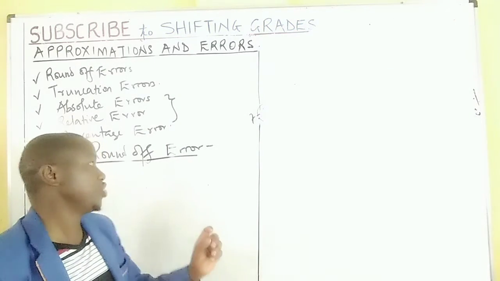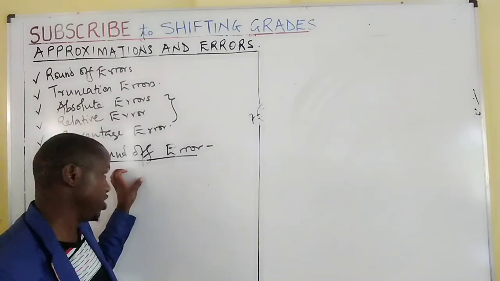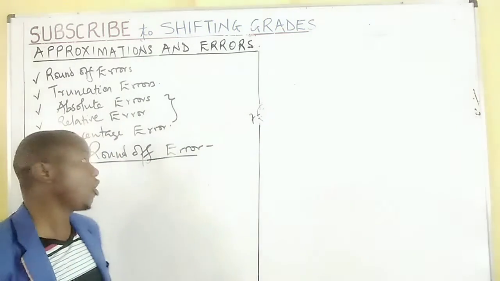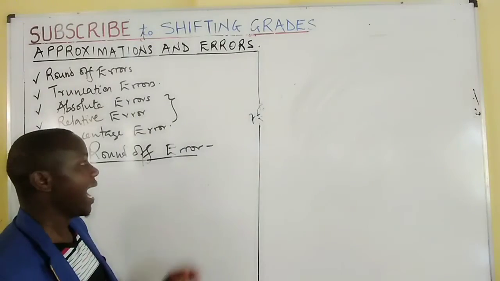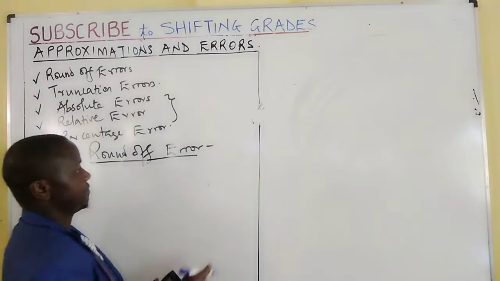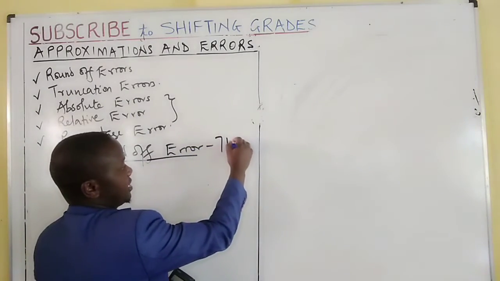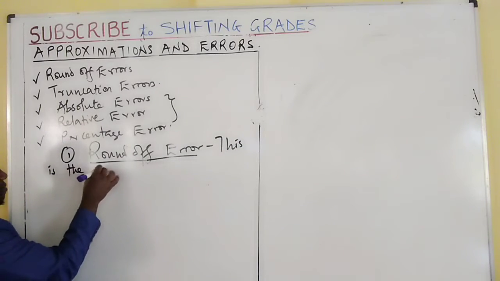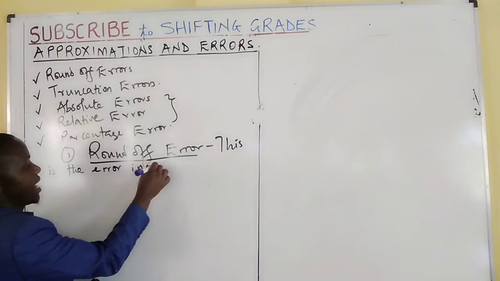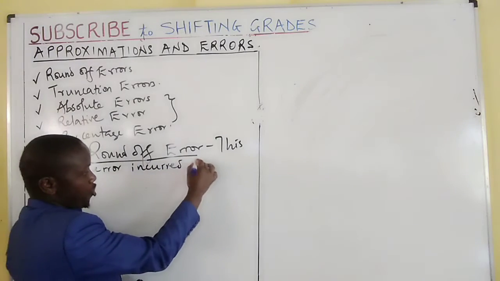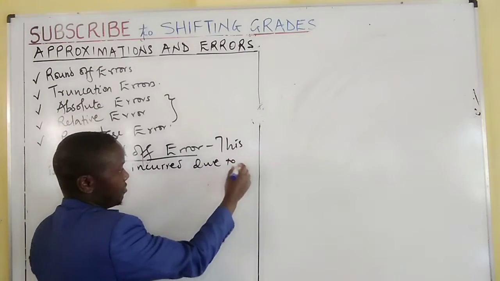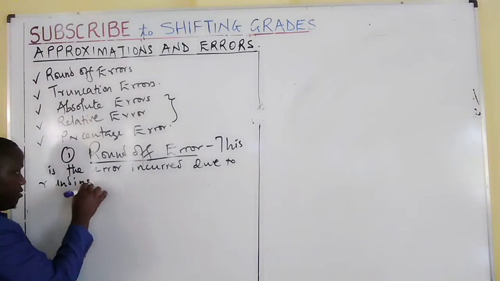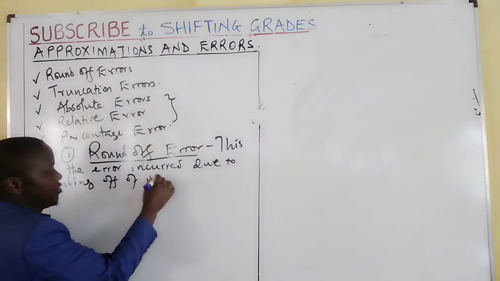And that difference between the rounded off value and the exact value is what we call an error. Therefore, we can say this is the error incurred during round off, or due to rounding off of values.